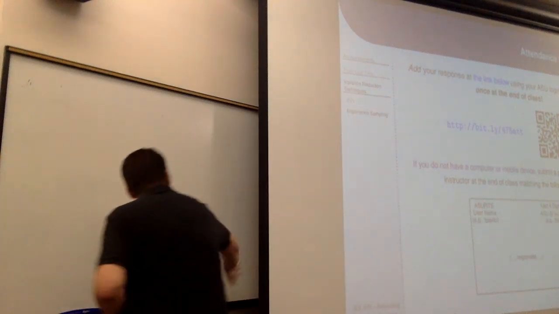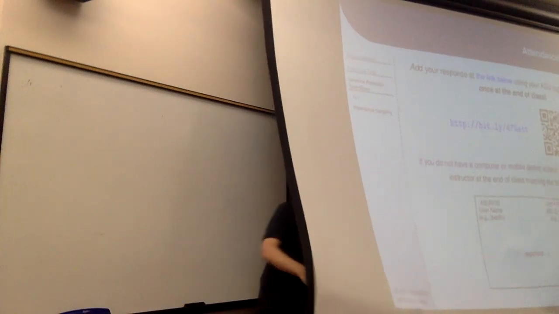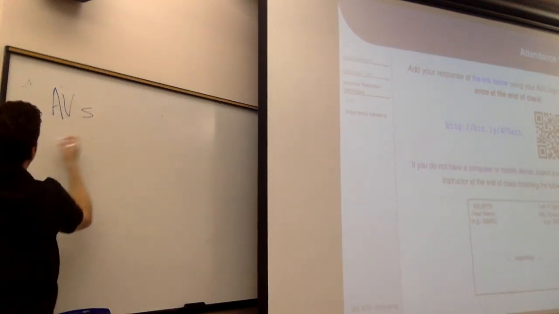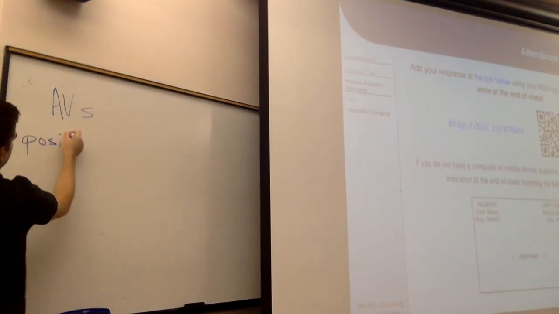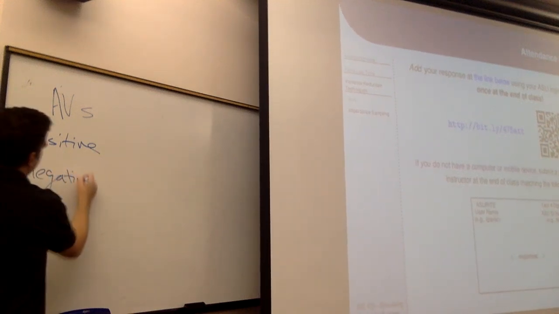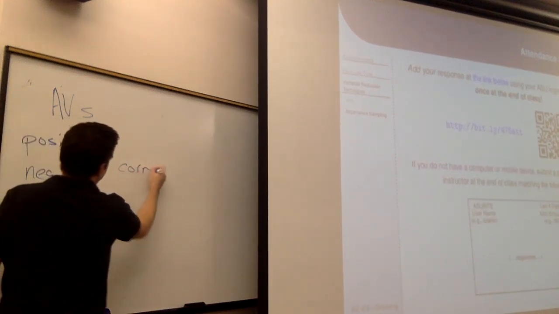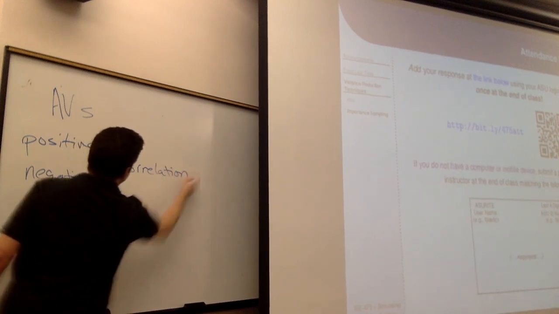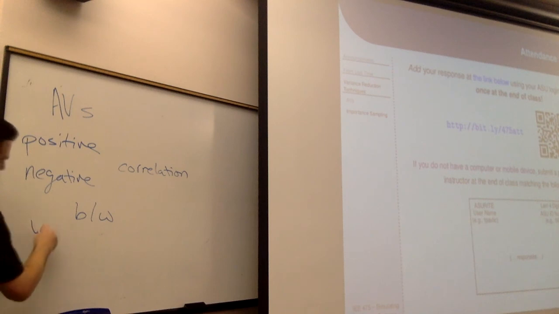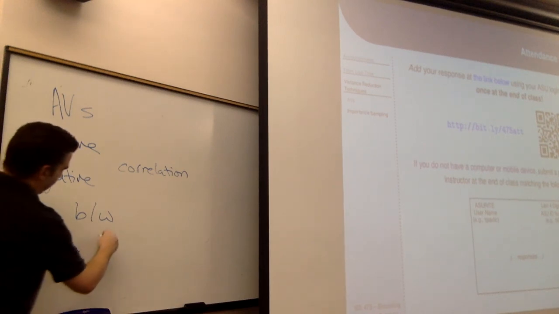So if I want AVs to be good, do I want positive or negative correlation between, let's say, replications Y1A and Y1B?